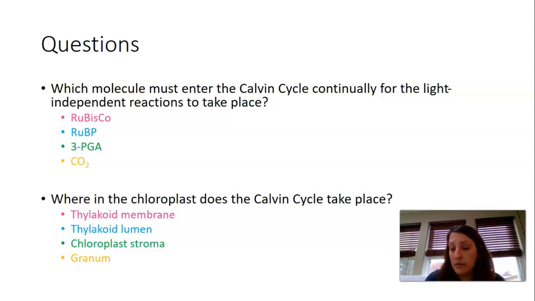So none of those make sense here. The Calvin cycle, or the dark reaction, or the light-independent reactions, take place in the chloroplast stroma, right? That's the fluid that surrounds the granum, that surrounds the thylakoid. That's where the ATP and the NADPH produced by the light-dependent reactions will be, and they're going to drive the Calvin cycle, which is taking place out there in the stroma.